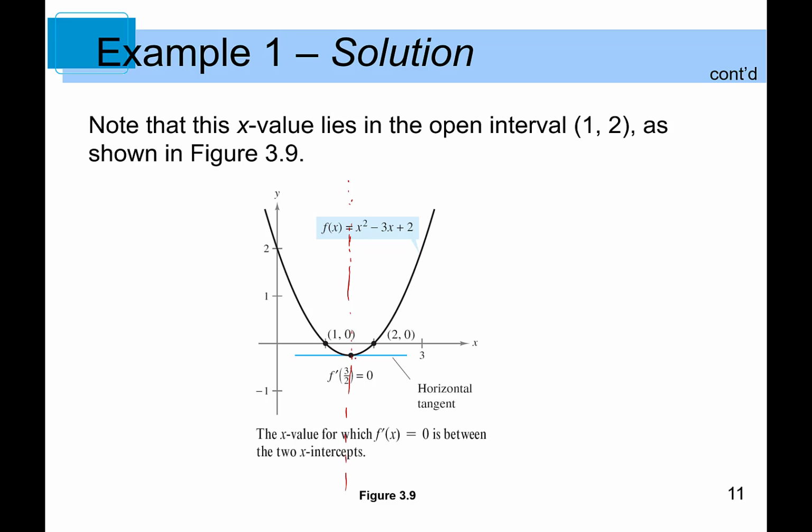And we see a horizontal tangent occurs here, and that yields the minimum. In this case, it's a global minimum for the whole function. Okay.